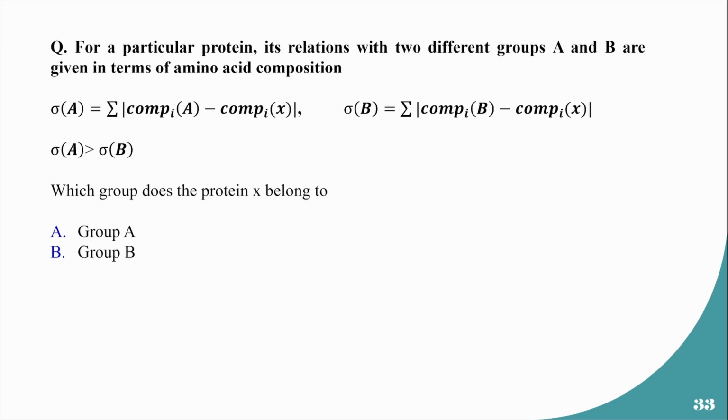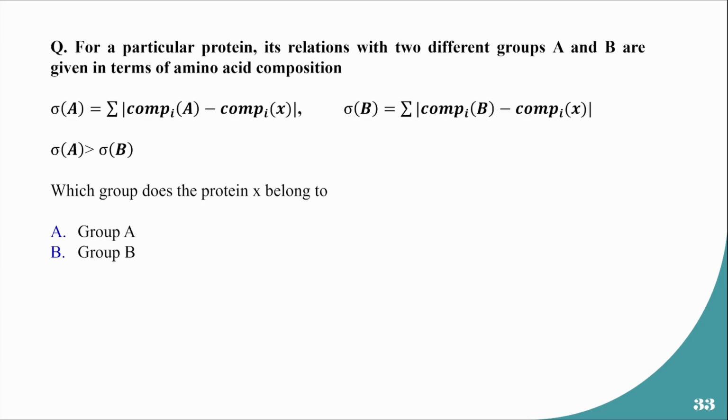So here we had another question. Basically, let's say you are trying to relate different groups of proteins, right? You have a new protein, you already have a well studied set of proteins, and you are trying to identify which group this new protein belongs to.